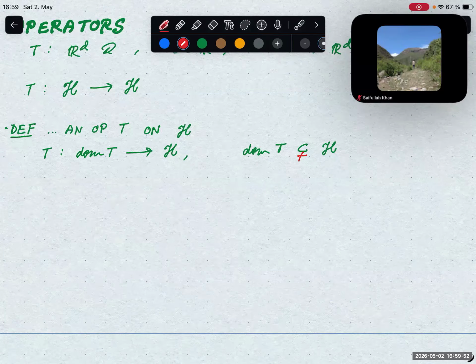So let me denote the set of all linear operators on the Hilbert space. By the way, by operator I will always mean linear operator.